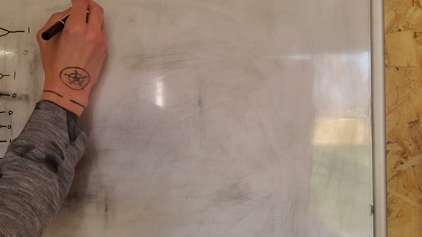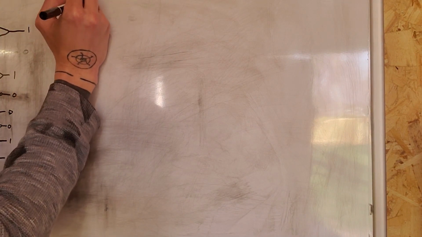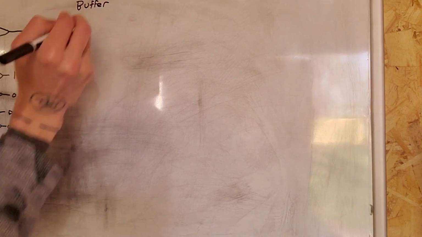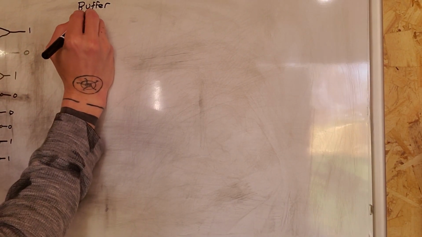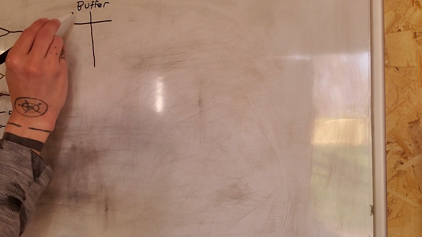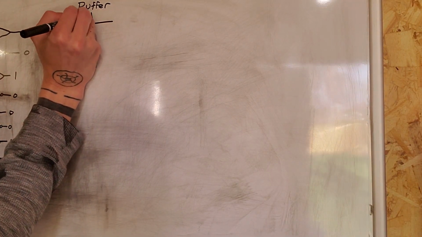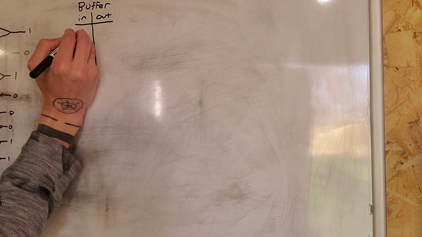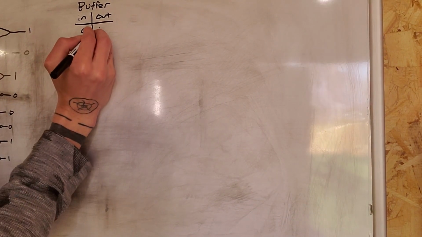So I'm going to start with just the single input ones. So we have the buffer, and if this is in, and that's out, if we had 0 in, we'll have 0 out.